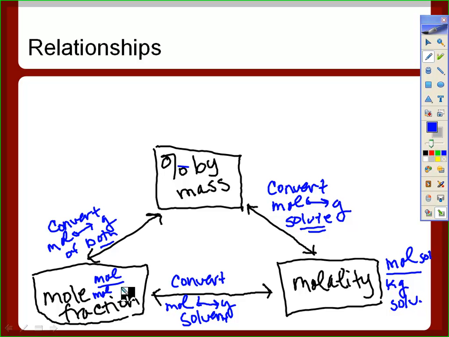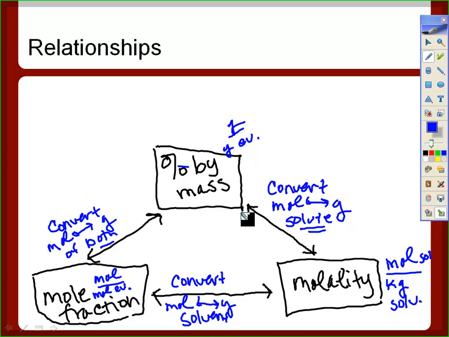So here you're having moles divided by moles of everything. Here you're having grams divided by grams of everything. And here you're having just moles of solute divided by kilograms of solvent. So this is just, I think, kind of an easy way to visualize it. You can go back and forth between these.